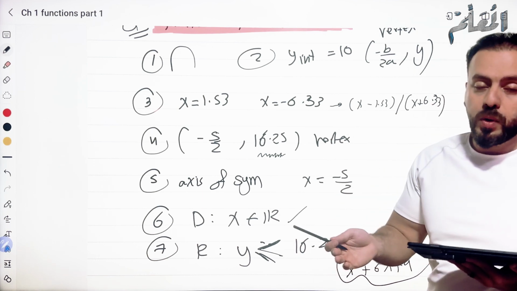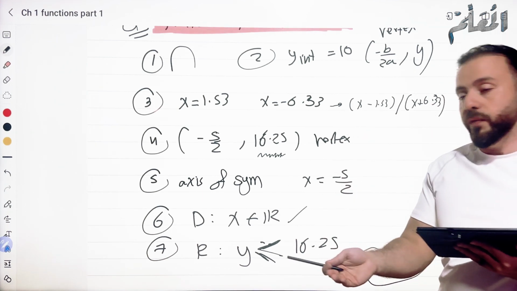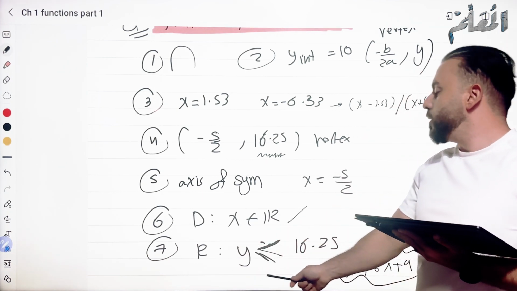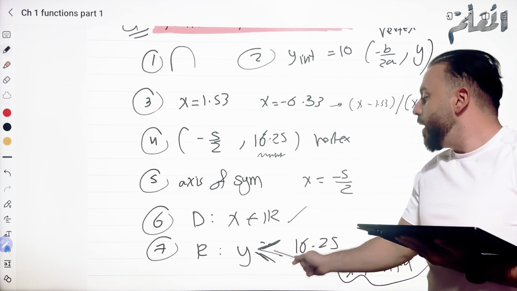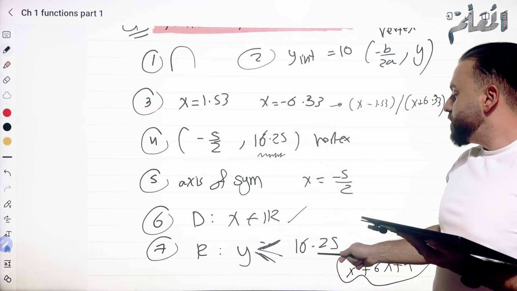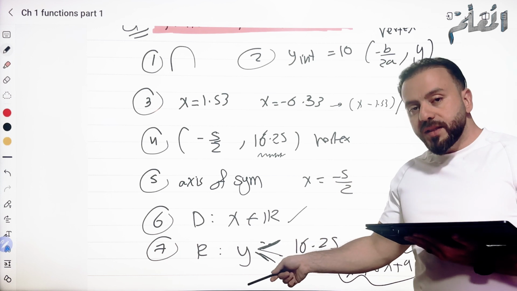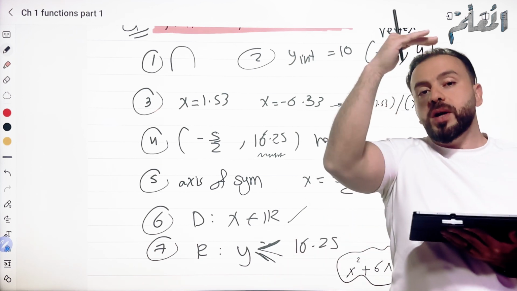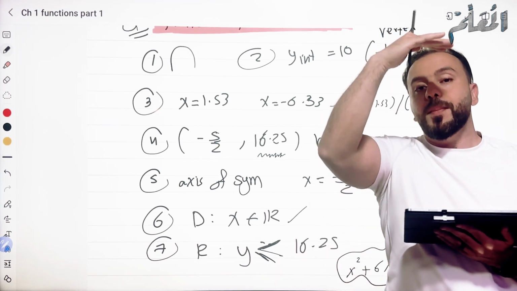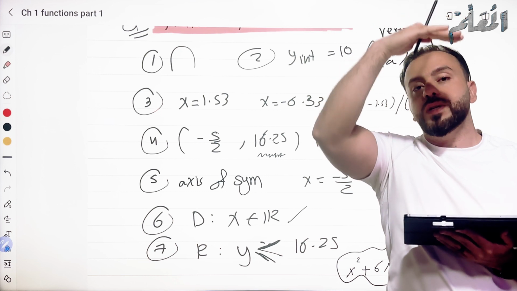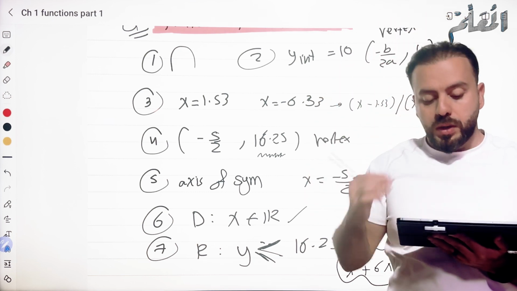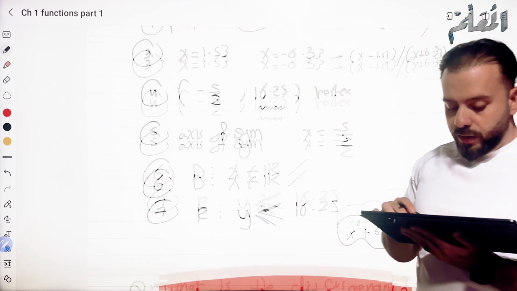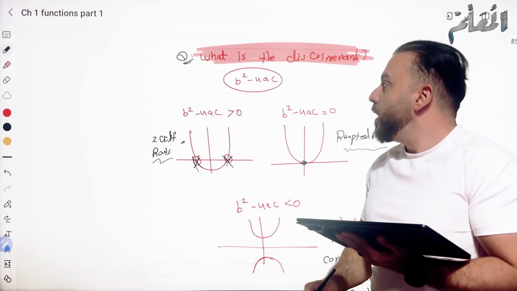Actually, it's always x belongs to the real numbers, -infinity to positive infinity, and the range here, that's my point, y less than or equal to 16.25. Why is it less than? Because the vertex itself is the maximum, and the range is going to be below that point. Fine.